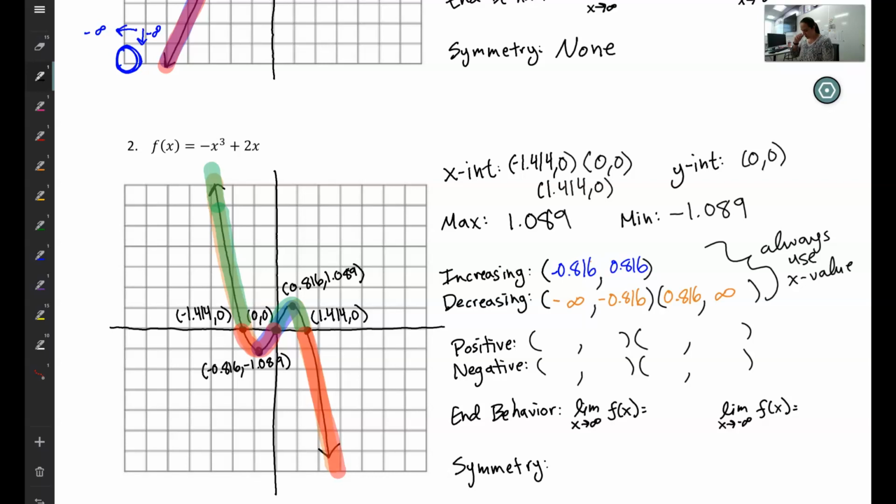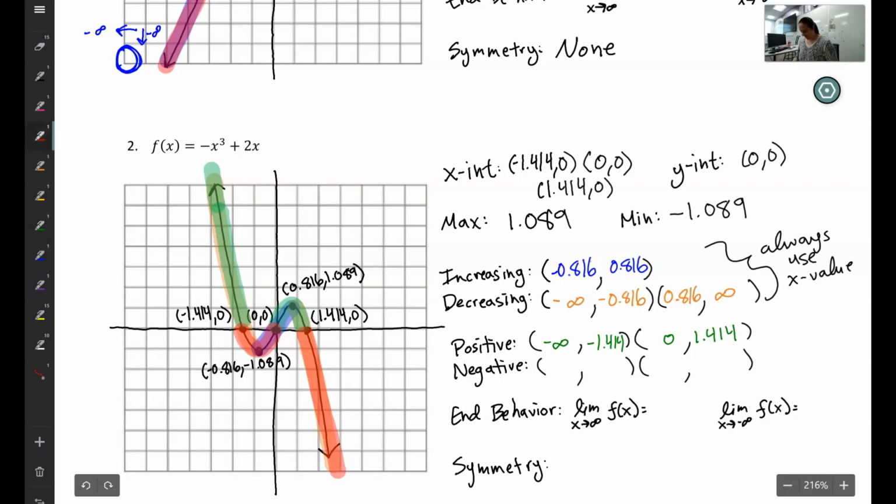So my first positive looks like it's negative infinity all the way to the left, up to my x coordinate there, negative 1.414. And then this middle one, x coordinate from 0 to positive 1.414.